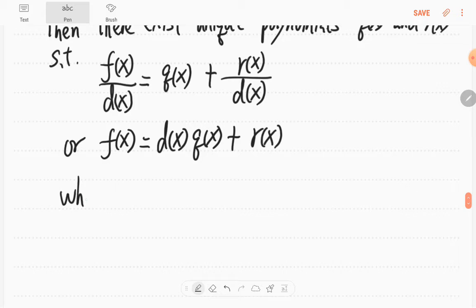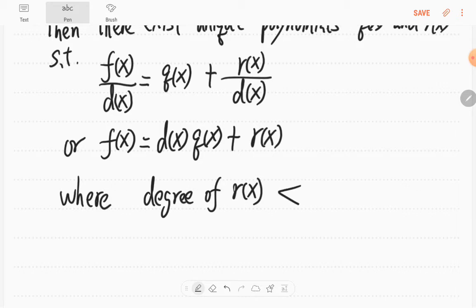When you do the division, the degree of R of x must be less than, not equal to, the degree of the divisor d of x.